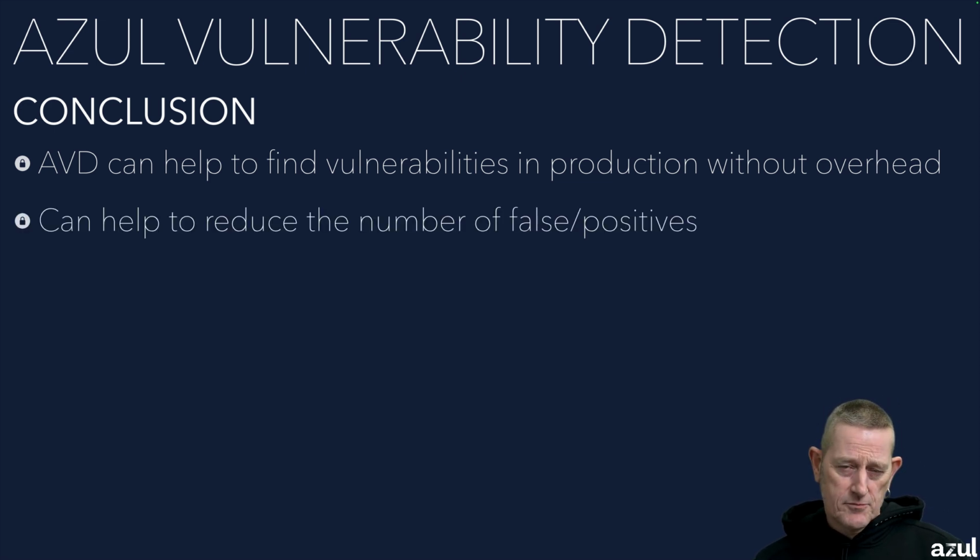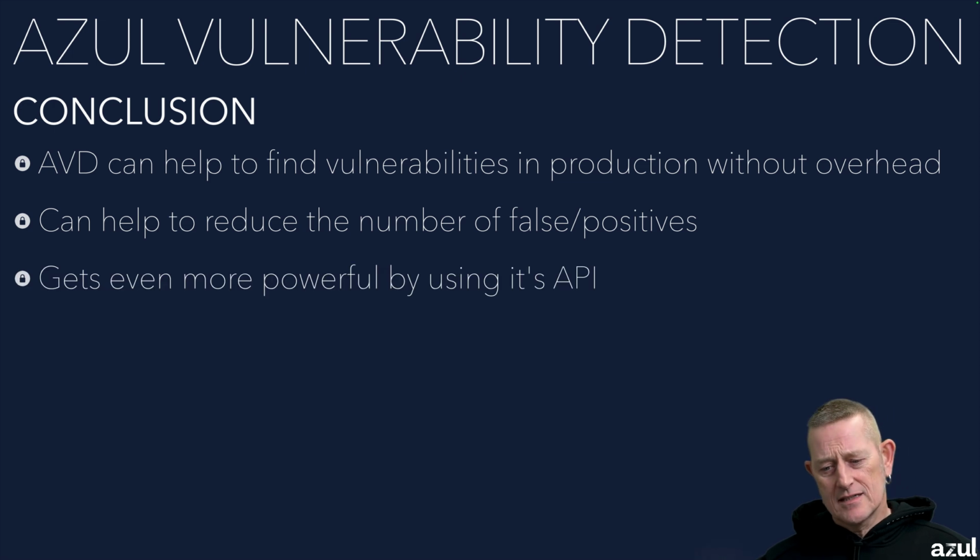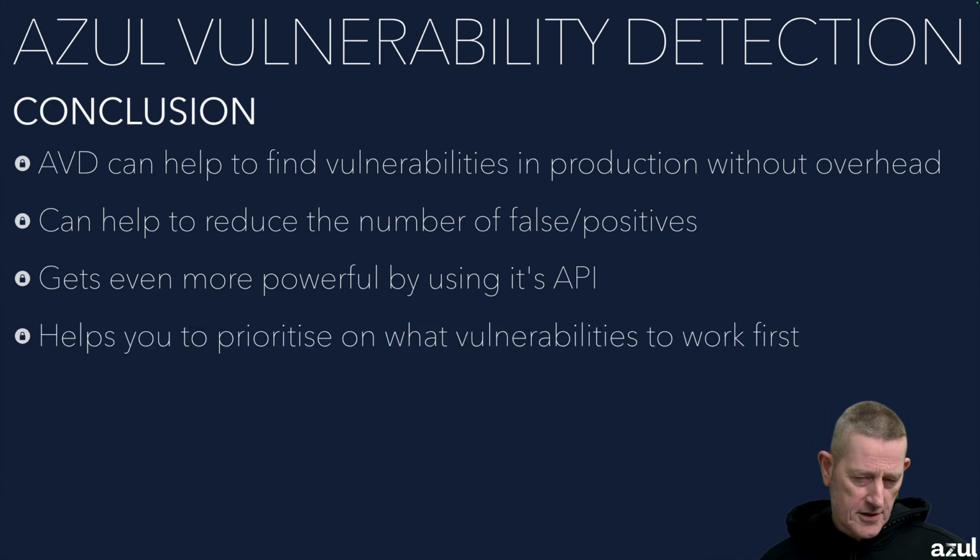And with this, because we can tell you the stuff that is not only present, but is used by your application, you can reduce the number of false positives. And that gets even more powerful by using the API, because you can add additional stuff to this data that is already available. And it helps you to prioritize on vulnerabilities that are really worth working on, right? Instead of wasting time on stuff that is not used at all.